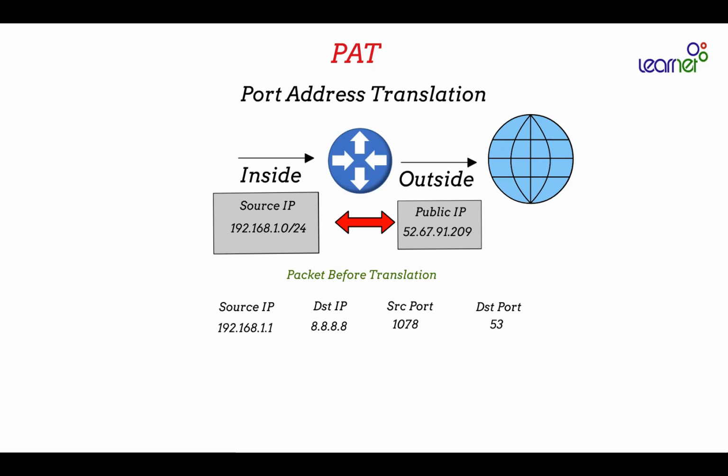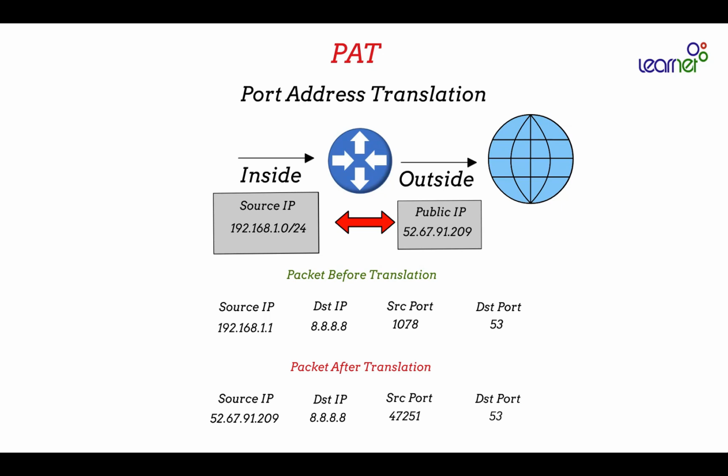When we configure port address translation or PAT on our router, this packet will be translated to something like this. The source IP address will be translated to the public IP address we configured, which is normally the router's interface IP address. The destination will remain untouched.